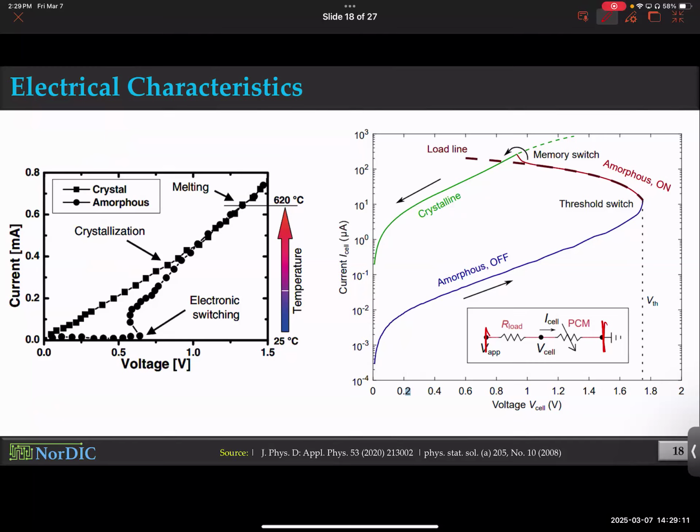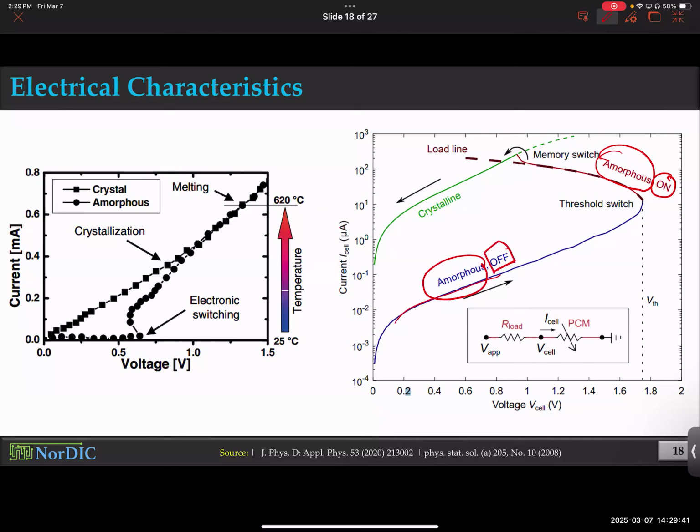Okay. So at this point, the PCM gets enough energy. You have enough current that could generate enough heat to start melting or changing the crystal structure. So at this point, the crystal change starts. I guess still with me. Notice this region has been marked as amorphous but on, and the other region here is amorphous off.